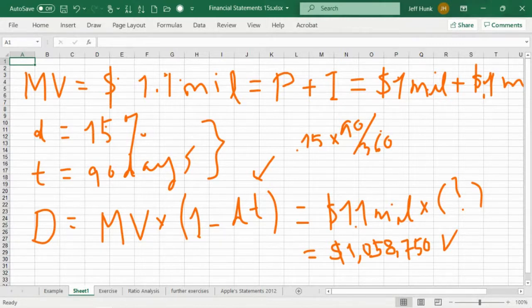So the bank will collect 1.1 million, but the bank will pay out to this company 1,058,750 in advance. So the difference is about 40K. That 40K is the bank's cut. That 40K is called bank discount. Okay.